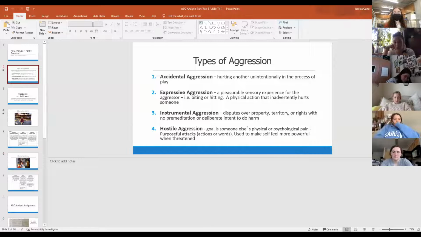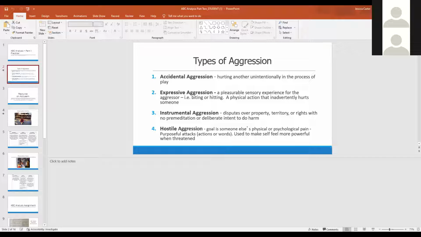It'll change the type of guidance you use. It could certainly change the type of guidance you use. Although remember last week, we need to make it very clear to children that aggression is never okay. Now with accidental aggression, you're certainly going to treat that differently than any of the other three, because the reality of life is that accidents happen, right?